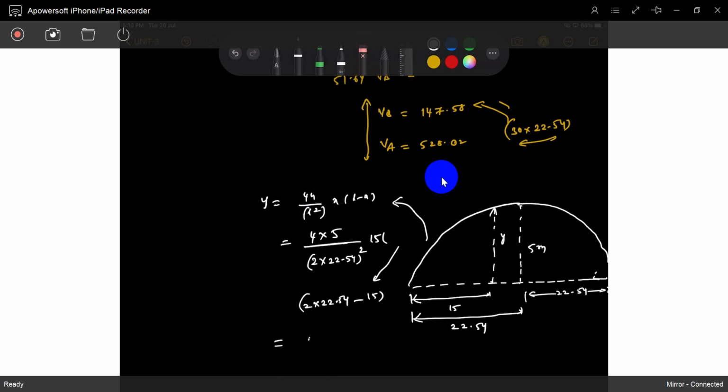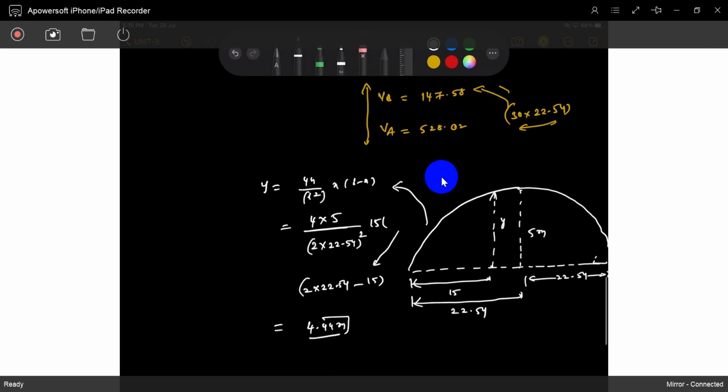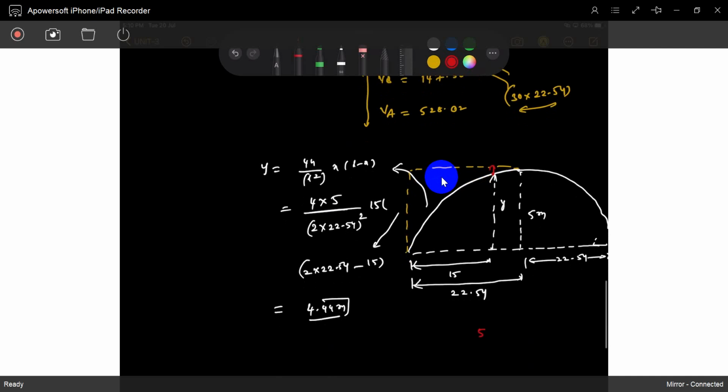What you will get is like 4.44 meters. Otherwise, sir, if I don't want to take it like this, you can take it like this. This is easy, so you will get this value. How can you get it? x square by y is constant at this location.